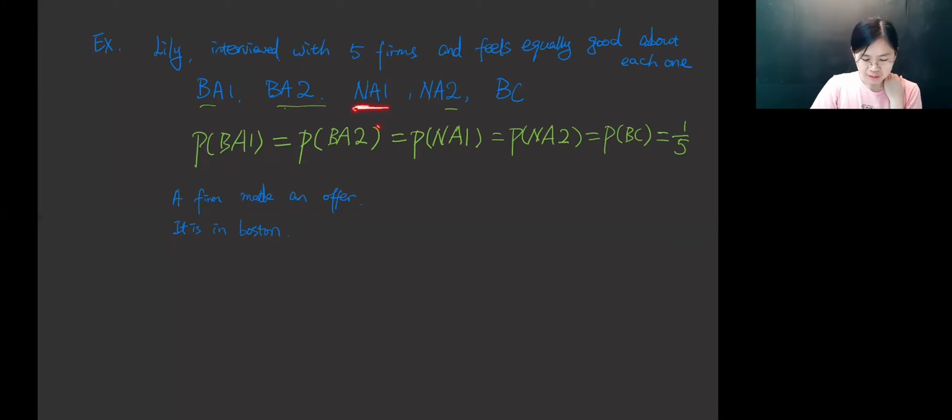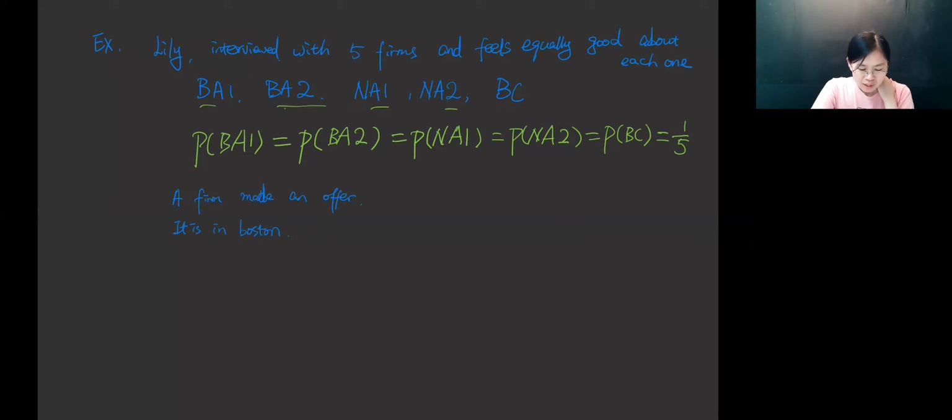The firms NA1 and NA2 are two New York accounting firms. And the firm BC is a Boston consulting firm. Okay, so A is accounting, C is consulting, B is Boston, and N stands for New York.